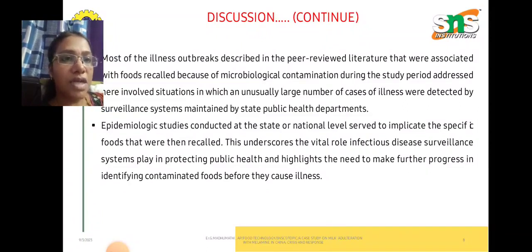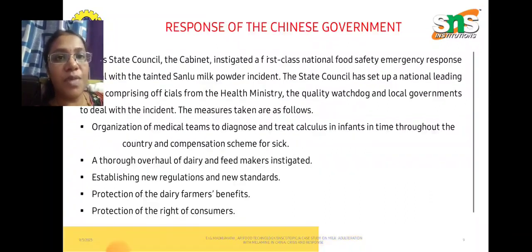Epidemiological studies conducted at the state or national level served to implicate the specific foods that were recalled. This underscores the vital role infectious disease surveillance systems play in protecting public health, and gives insights to make further progress in identifying contaminated foods before they cause any illness.